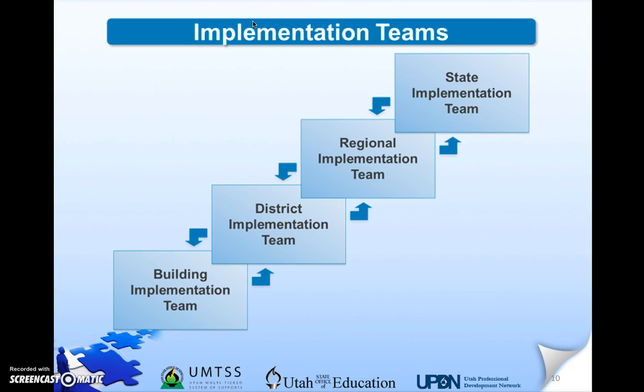You see the arrows there, and those represent the feedback loops that I alluded to, and we'll talk more about that. But you can see it's bidirectional. There's communication that goes from the state to the district to the building. And in reverse, the building is reporting back and sharing information with the district implementation team, and the district is sharing information with the state implementation team.